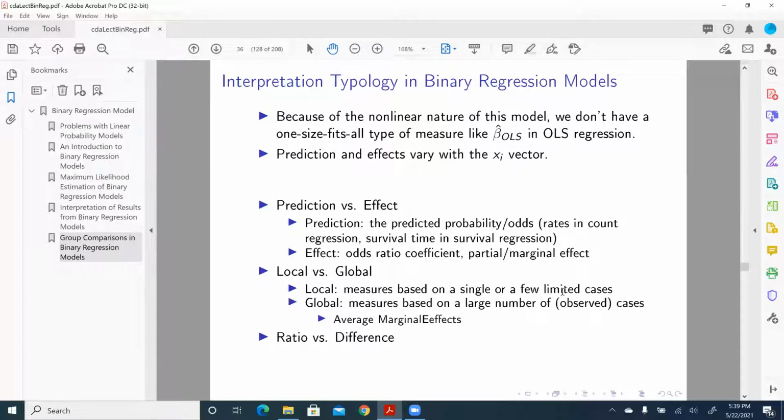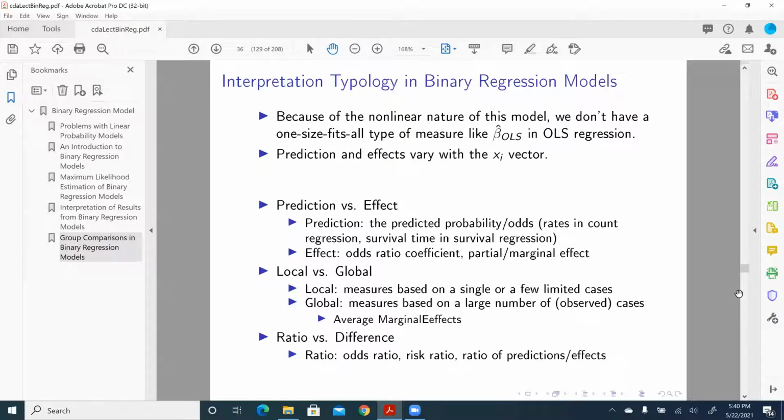A third dimension for measures of interpretation in binary regression models is ratio versus difference measures. When we see a ratio, basically we take a ratio of two statistics.